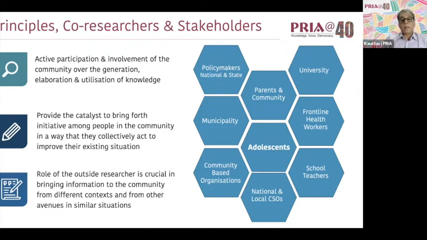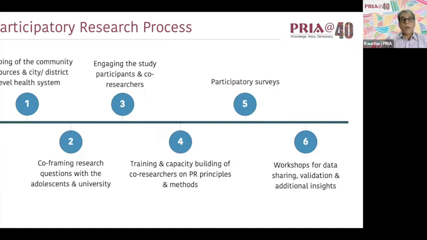In addition, as I mentioned, we partnered with a community-based organization, and the study was intended to influence national and local civil society organizations by engaging them in the research processes, but also the local governance institutions, the Gurgaon Municipal Corporation in this particular case, and the national and state level policy makers. So that's the list of stakeholders who have been involved in the process.